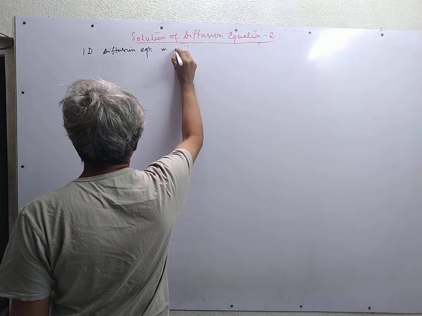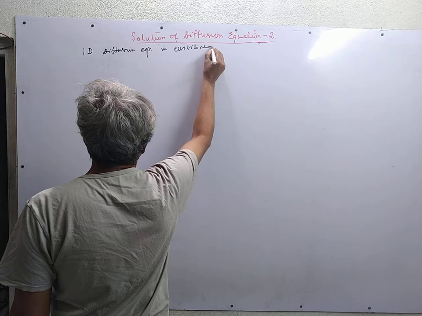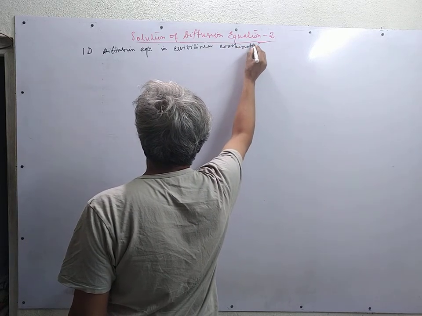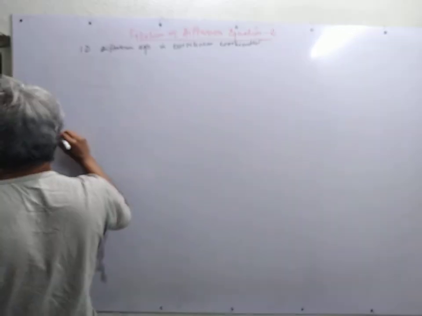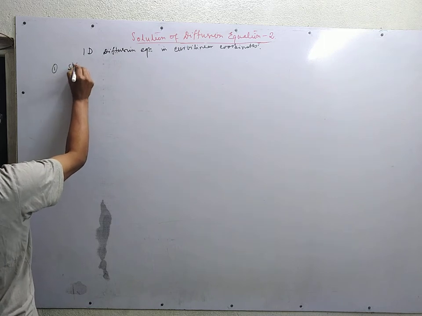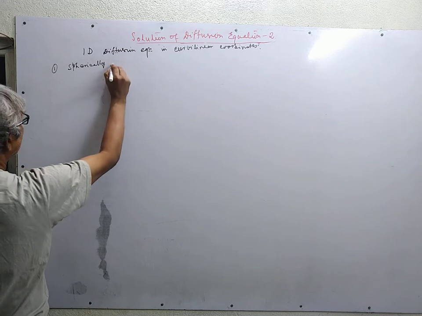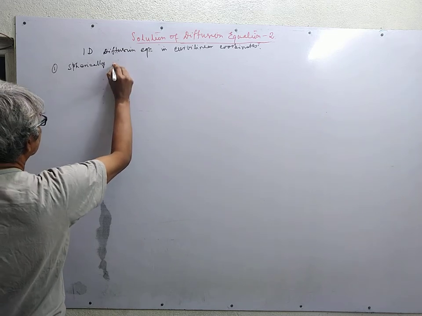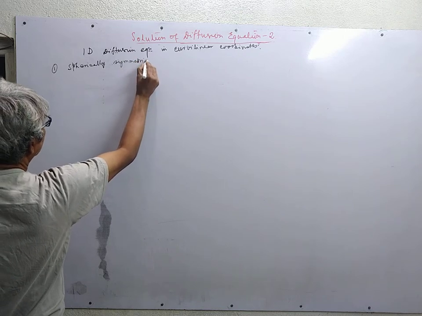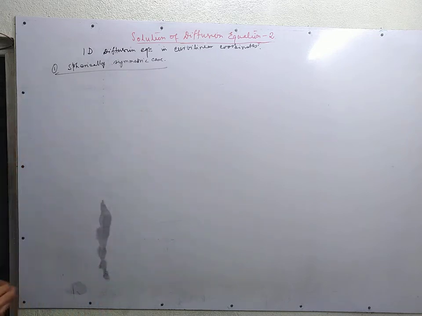First is the spherically symmetric case: transient state of heat flow in a spherically symmetric case.